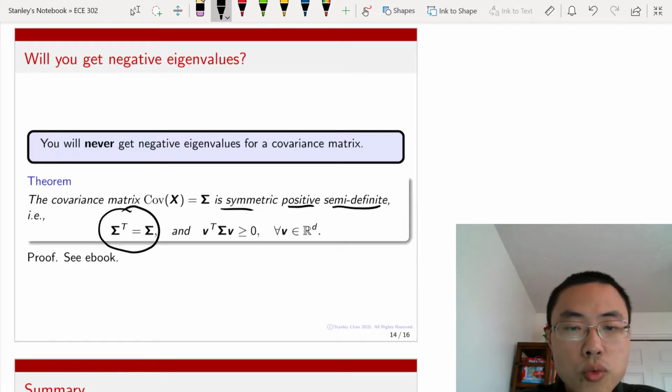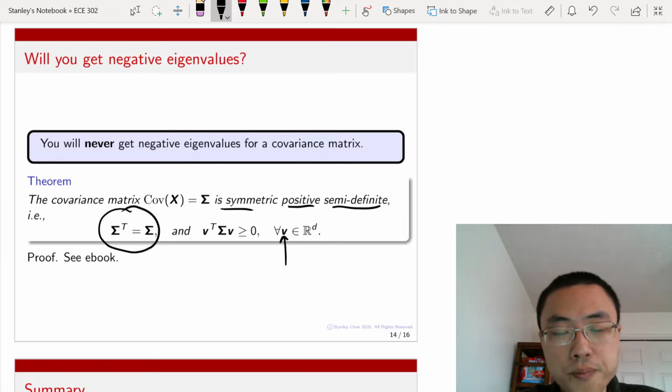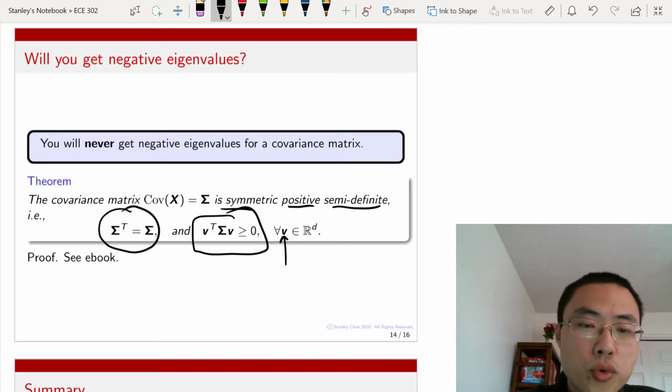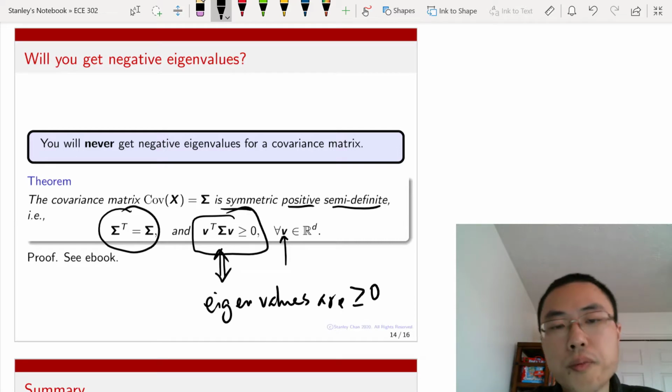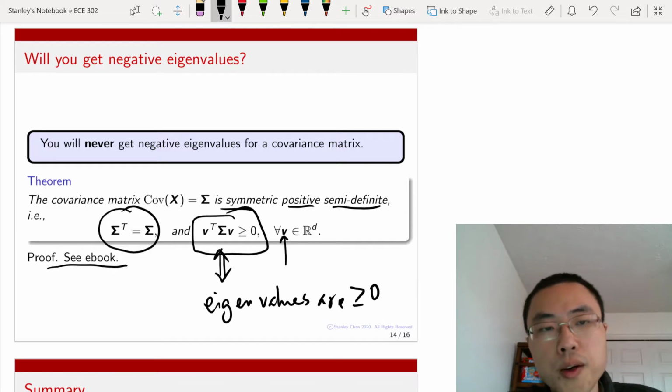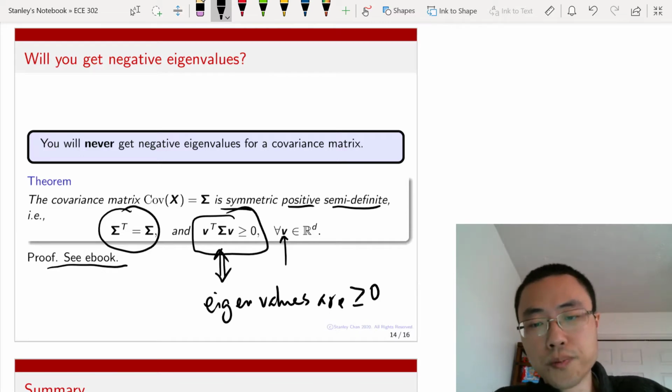It means that no matter what vector v you plug into this matrix, this inequality will hold. Furthermore, this is equivalent to saying that all the eigenvalues are non-negative. The proof of this result can be found in the ebook, but basically it just tells you that you will not get negative eigenvalues.